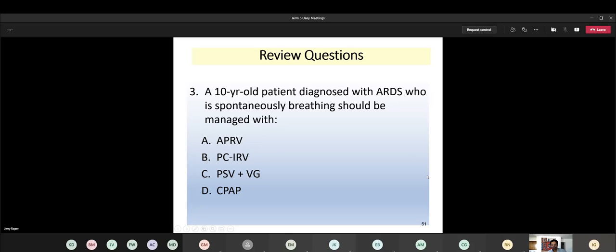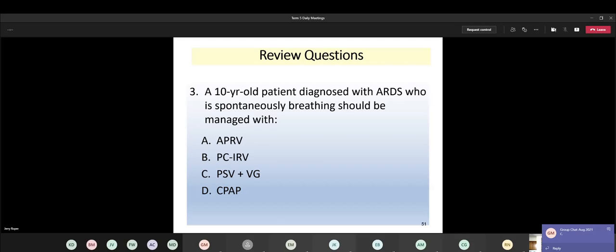All right, now, which one of these modes would work best here? So we want to do pressure support with volume guarantee.